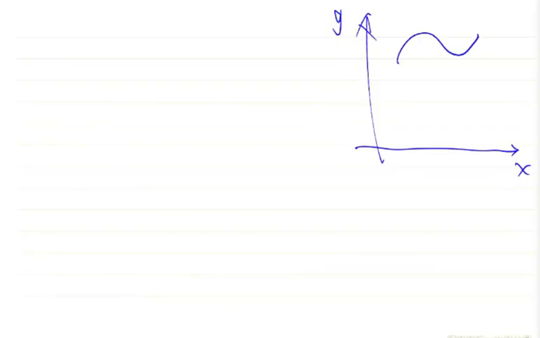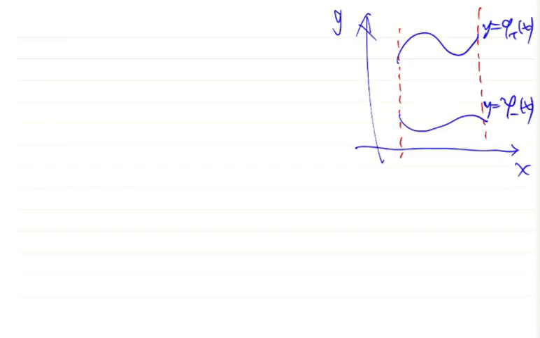So, for example, this is the x-axis, this is the y, and then we have a function y equal phi plus x, and we also have another function y equal phi minus x. Both phi plus and phi minus are continuous function over a lower dimensional part.